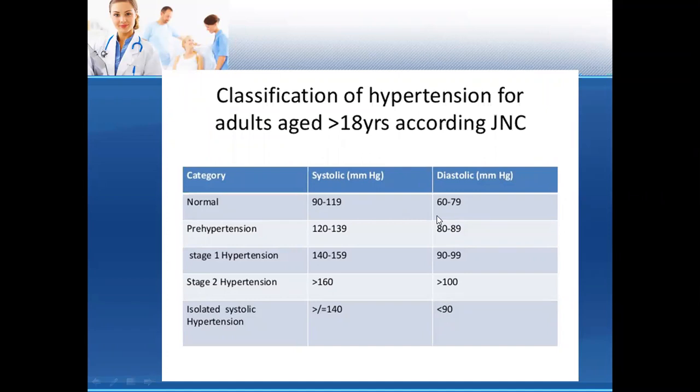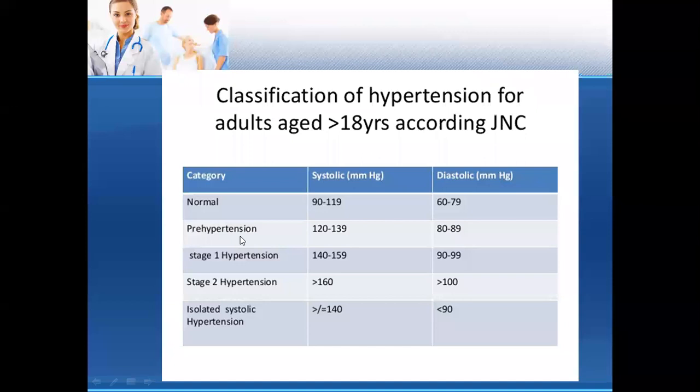So when a patient comes to you, definitely we have to count down the blood pressure several times. Then we can tell if my patient is hypertensive. Before hypertension, there is another terminology called pre-hypertension.